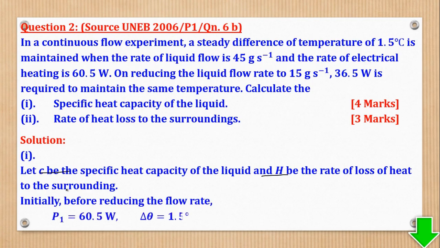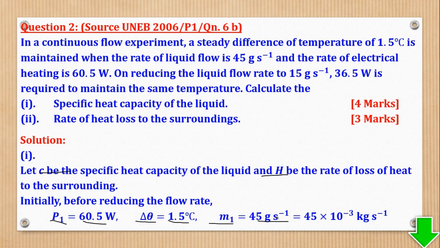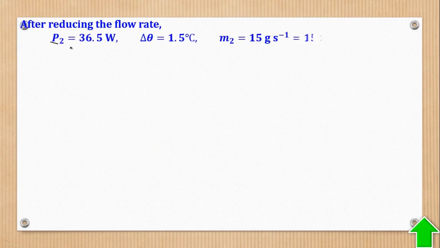What do we have? We have power as this, change in temperature as that, M1 as that, you convert to kilograms per second. So that was initially. What about after reducing the flow rate? We shall come up with P2 as that, change in temperature is the same, M2 is that, convert to kilograms per second.